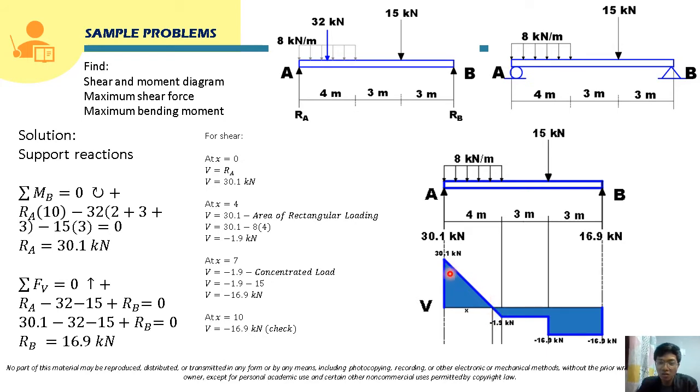From here, class, there is no loading, so this will just be constant, a rectangle. And also here, for this point and this point, we will just connect it this way because there's no loading here, so the shear will be constant. This will just be a rectangle. So class, this will now be the shear diagram.